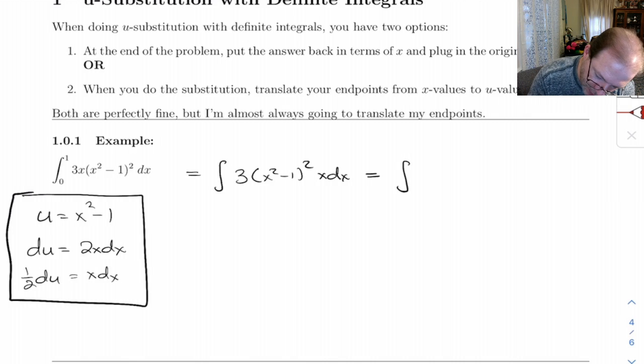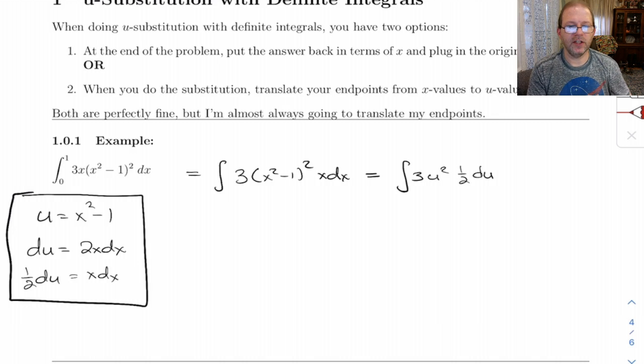Because on here, I've got the 3. Then this gets replaced with u squared. And then the x dx gets replaced with 1/2 du. And notice I don't have any endpoints on those.